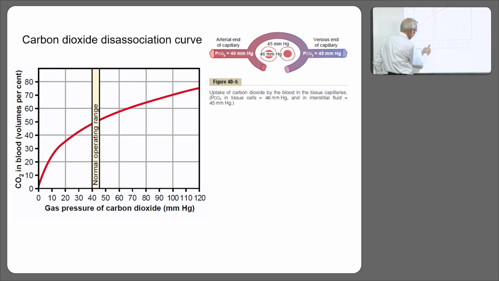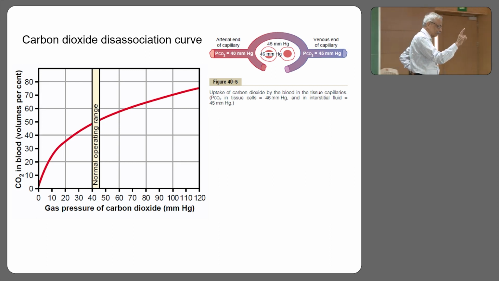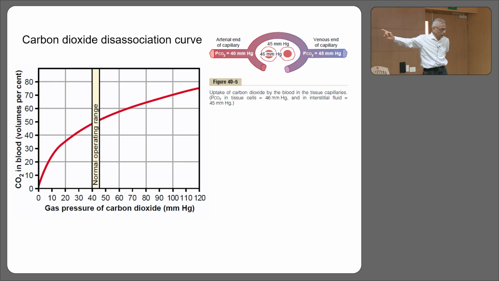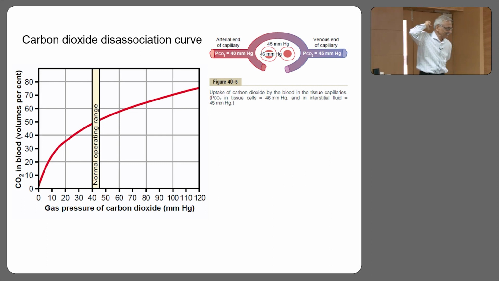Now, you would appreciate this. Where are we going? What does this indicate? On the x axis, what do we have? 40 to 45. And from there, if you go to the other axis, what do you get? 48 to 52.